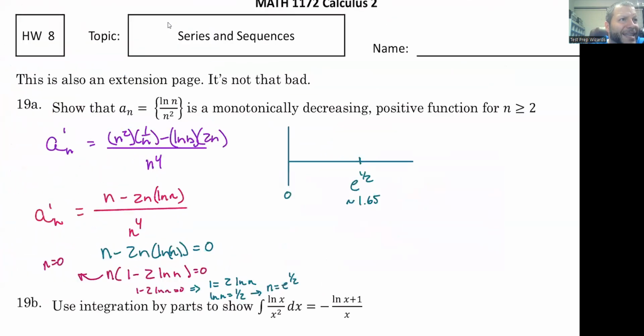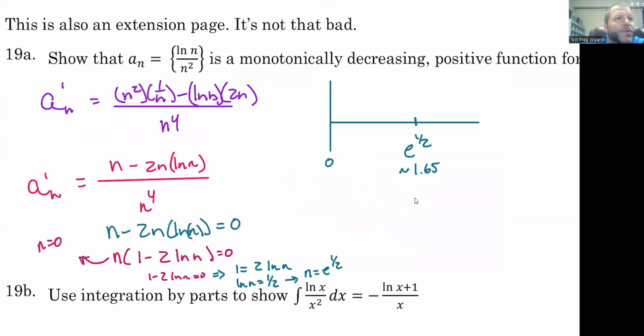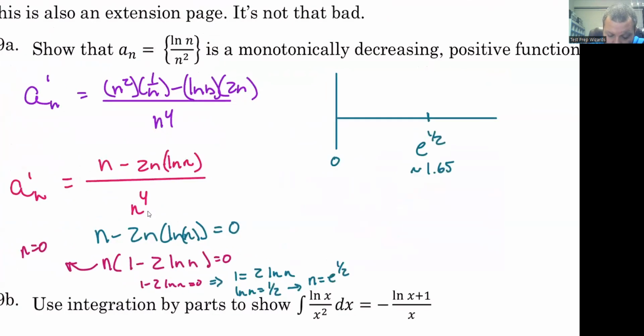So if we chose anything between 0 and 1.65, like, I don't know, n is equal to 1, well, we don't have to plug it in to the bottom because the bottom is n to the fourth power, so it's positive.